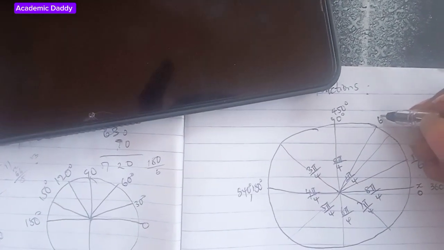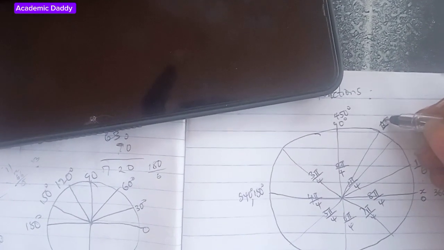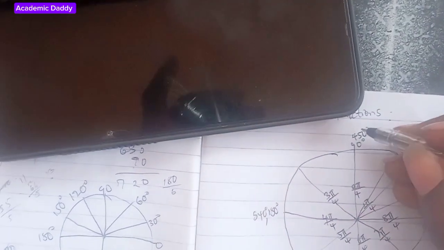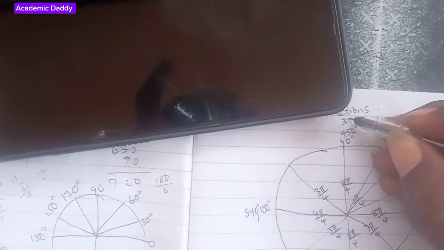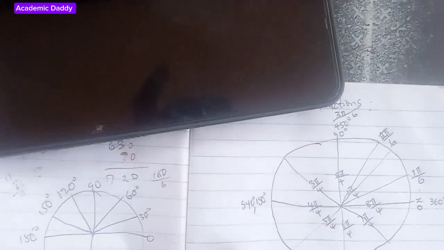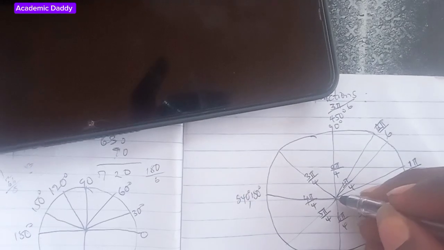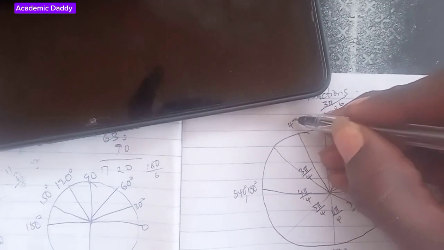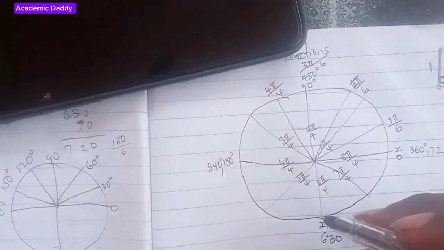So I'll have 2 pi over 6. Then I have 90 to be 3 pi over 6. So I now have another, which is 120, to be 4 pi over 6.